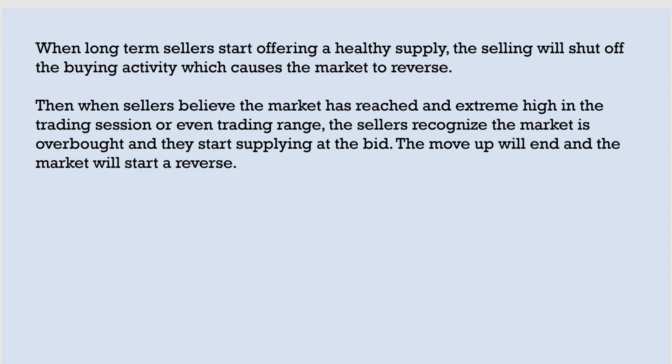He comes into the market, starts selling corn at these high levels. Market starts going down, then he sits back down. That's what's happening. When the sellers believe the market has reached an extreme high in the trading session or even the trading range, sellers recognize the market's overbought, and they start supplying at the bid. The move up will end, and a move down will come in, and the move will reverse.